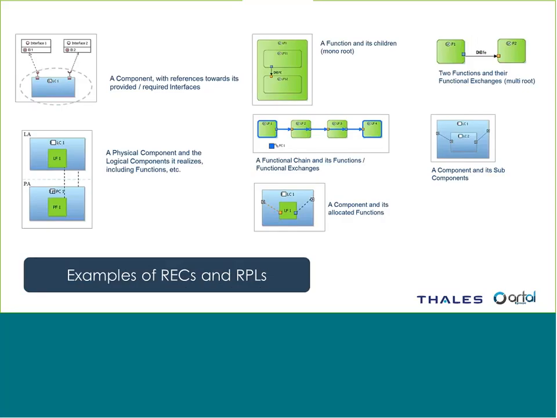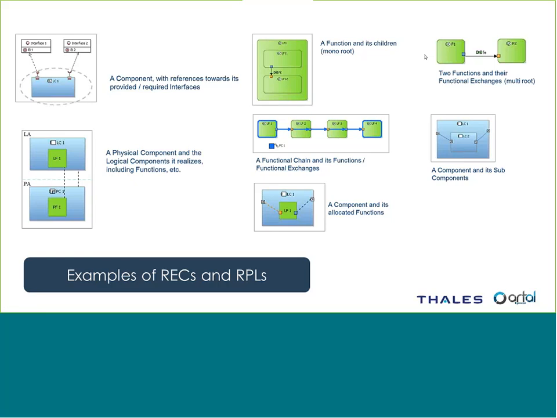So now a few examples of what records and replicas are. It can be as simple as one component with its provided and required interfaces. It can be a function and its functional tree, its functional breakdown. It can be two functions and their functional exchanges, their connection.